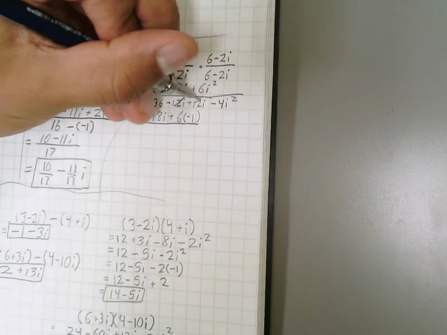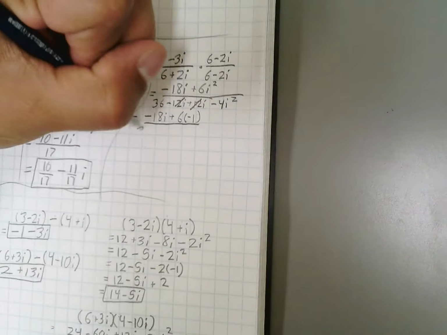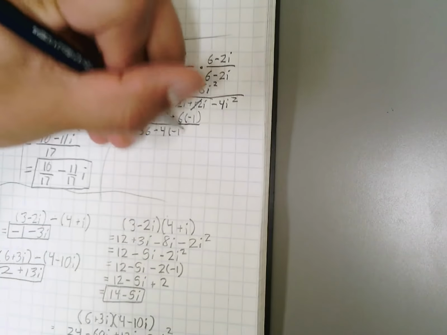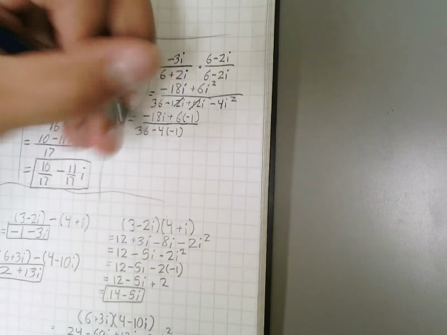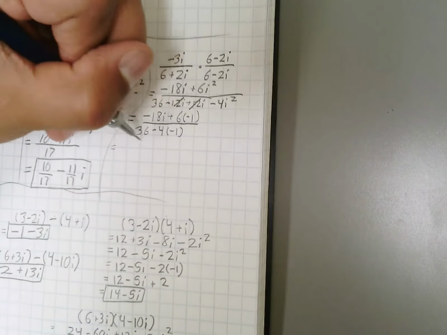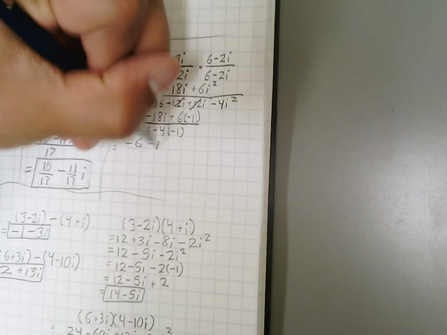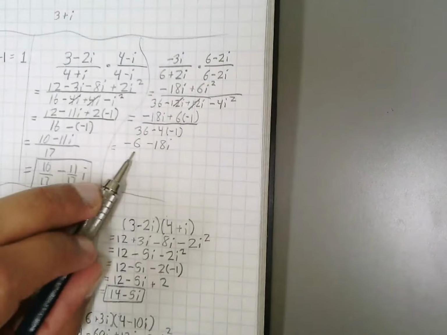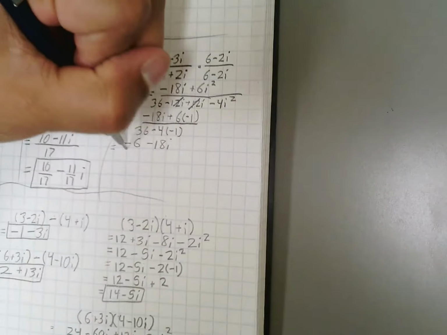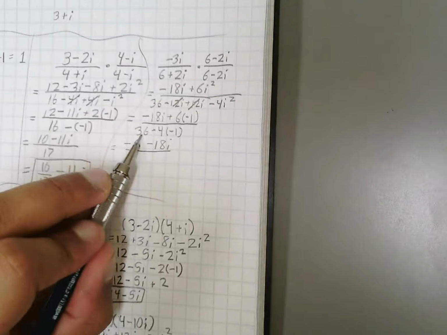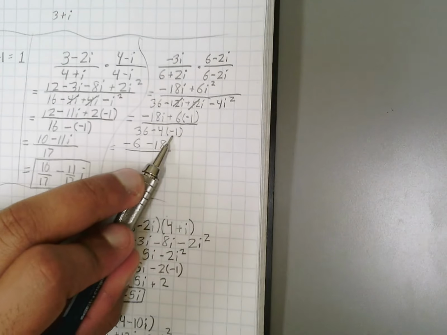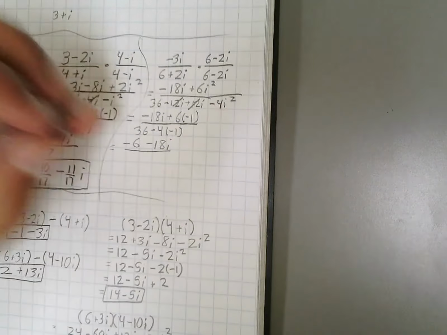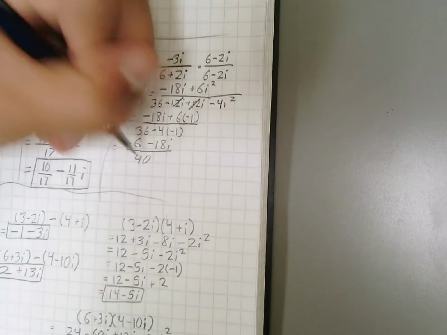Down here, the middle terms cancel, that's 0. 36 minus 4 times negative 1, because i squared is negative 1. So I've got negative 6 minus 18i, we always write the real component, then the imaginary component, over 36 minus 4 times negative 1. Well, negative 4 times negative 1 is 4, so 36 plus 4 is 40.